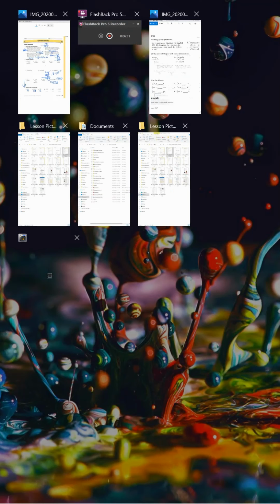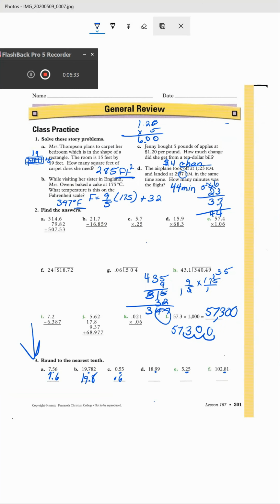You can put that 0 there or not. Doesn't matter. This 9 rounds this 9 up to a 0, which rounds that other 8 up to a 9. So 18.99, think about it, is awfully close to 19. 0.25, so that 5 rounds the 2 up to a 3. That 1 does not do anything to that 8, so it will remain 102.8.